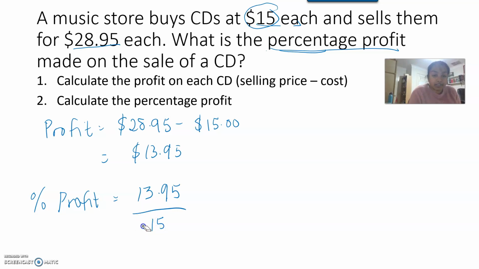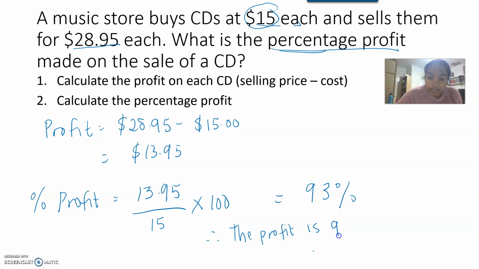Oh, I might get rid of the dollar sign. Times by 100. This one, I'm happy for you to put in your calculator and work it out. This comes to 93%. So if I were to write it out in sentences, the profit is 93% of cost price. Apologies for my writing.